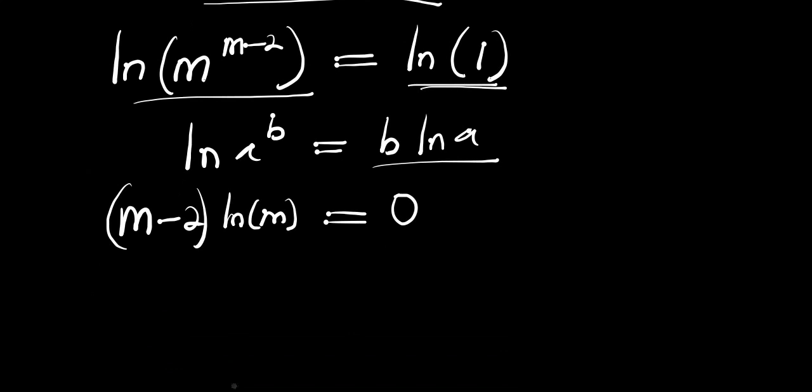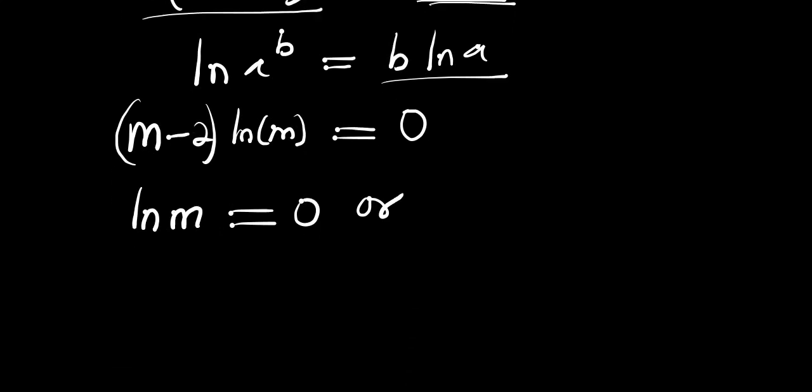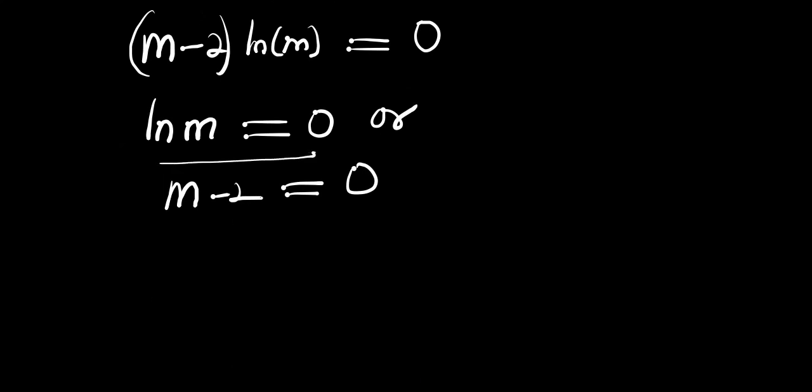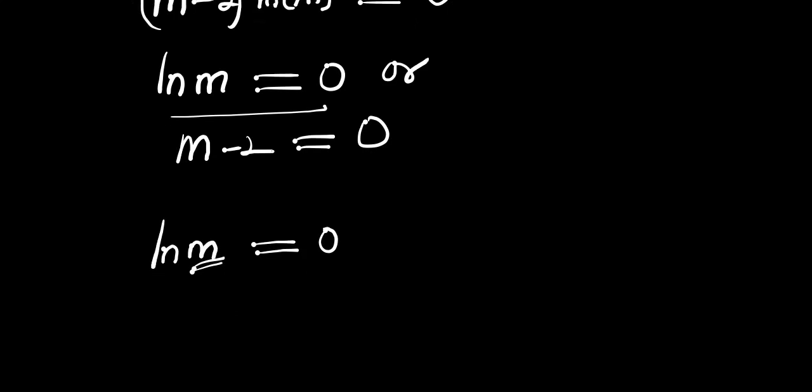So what we are going to do next is we are simply going to have two different equations. So we have ln of m is equal to 0, or we have m minus 2 is equal to 0. Now let's start from the first equation. If you have ln of m equal to 0 and you are going to solve for m, what you need to do is simply take the e.